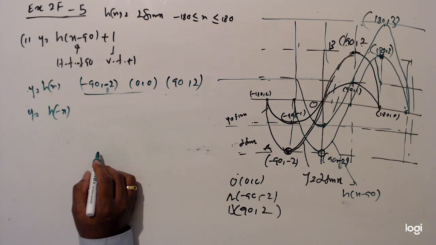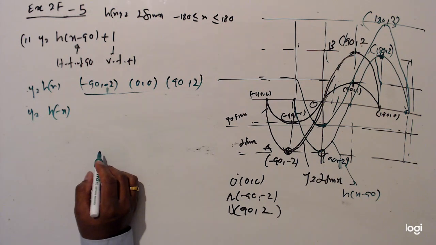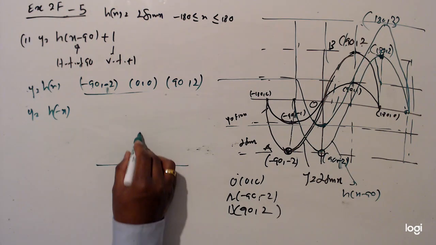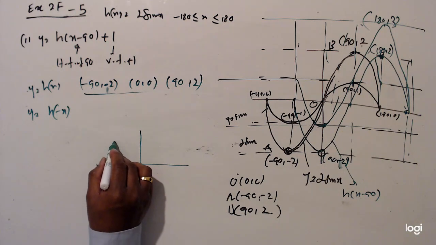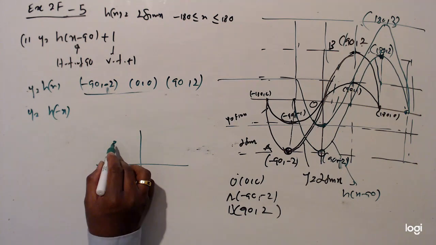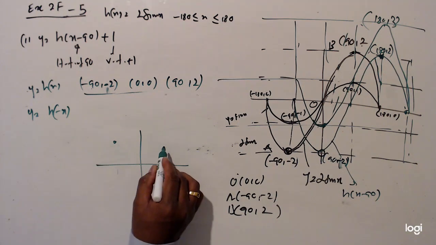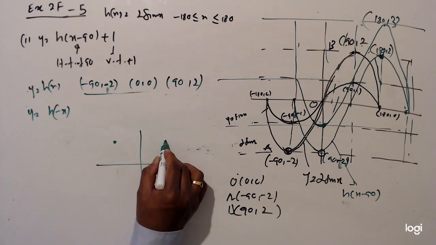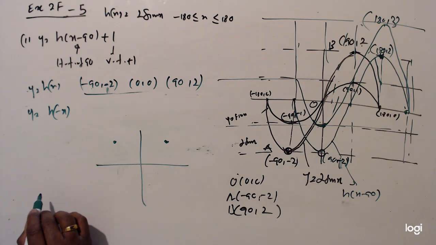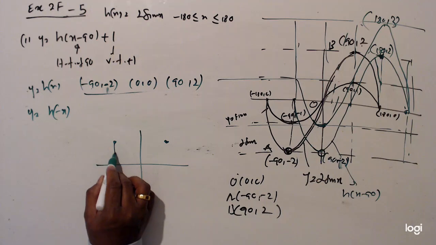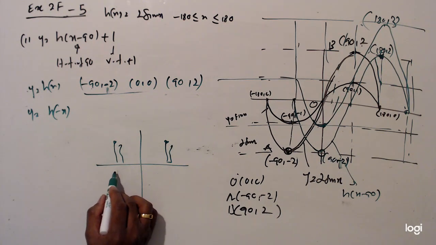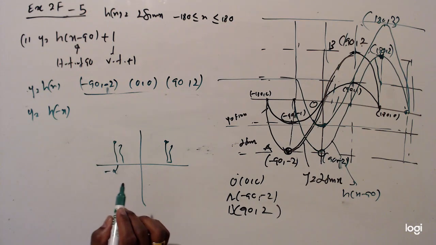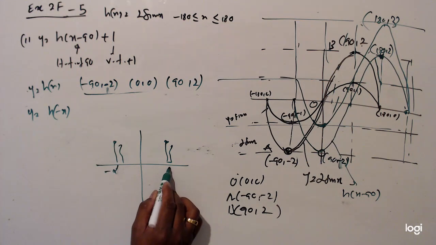So this is a reflection in the y-axis. Simply, if there is a point here, how do you bring this point to here? The mirror reflection means the y value stays the same. The x value, if this is alpha, minus alpha, we have to make it positive alpha.